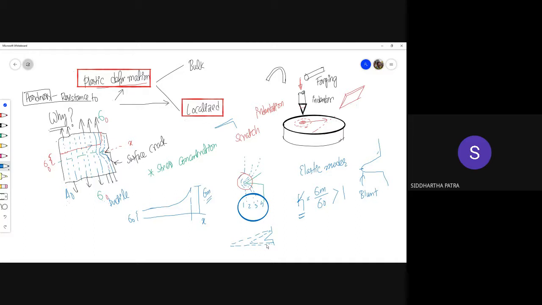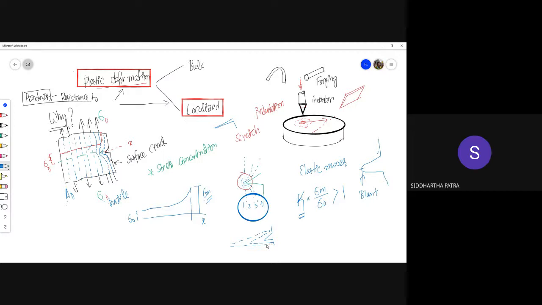So the point is the scratching, the indentation, this localized plastic deformation. Of course, bulk plastic deformation has its own set of problems, but to cause localized plastic deformation, you do not need a substantial amount of force.